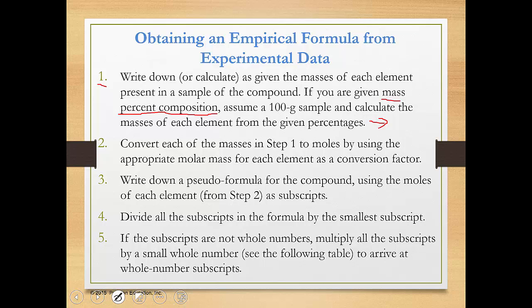So step number 1, the goal is to get grams of each element. Once you have the grams of each element, you then want to convert each of those to moles. So you're going to apply molar mass. Here we're trying to go from grams to moles of an element.